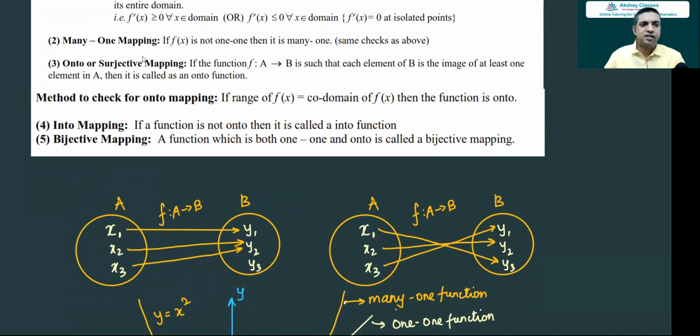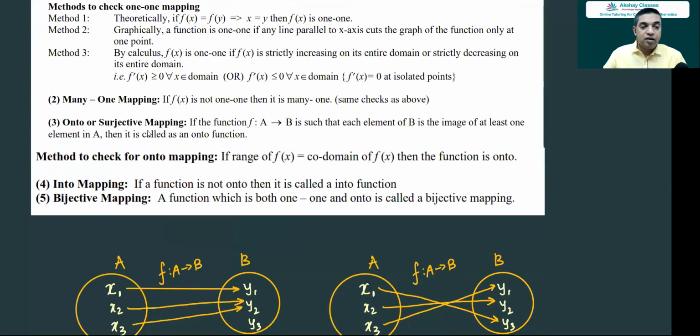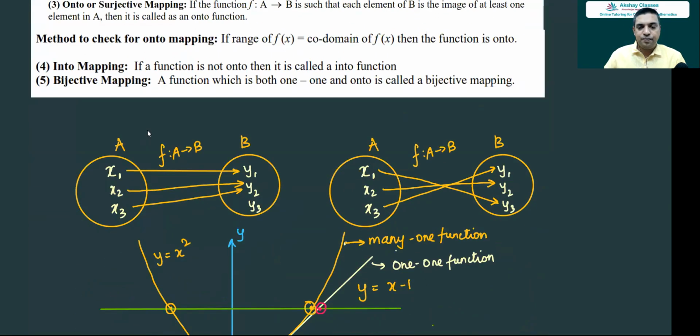Next is onto or into. Very simple. Onto function means that every element in B is an image of at least one element in A. So every element in B is mapped.